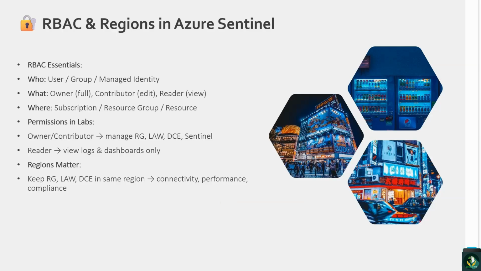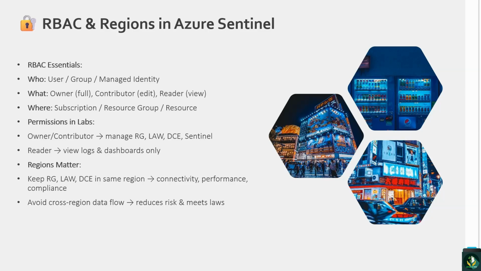Now let's connect the dots between regions and permissions because they work hand in hand in Azure Sentinel. We have already seen how keeping everything in the same region, the resource group, log analytics workspace, and data collection endpoints, ensures smooth connectivity. But there is also a security and compliance angle here. Data cannot flow between regions unless you specifically configure it to.